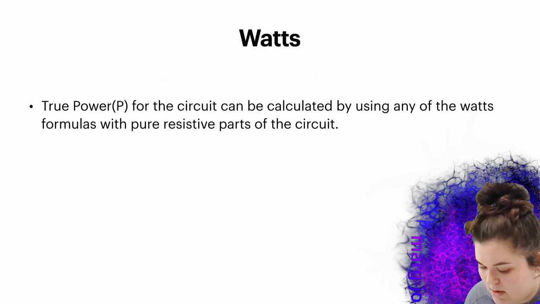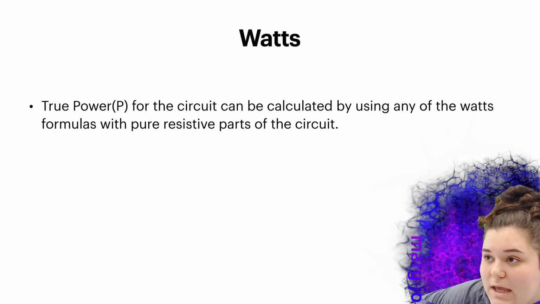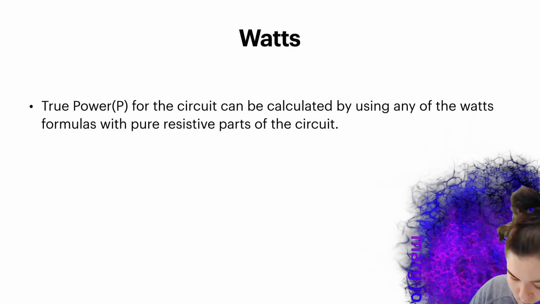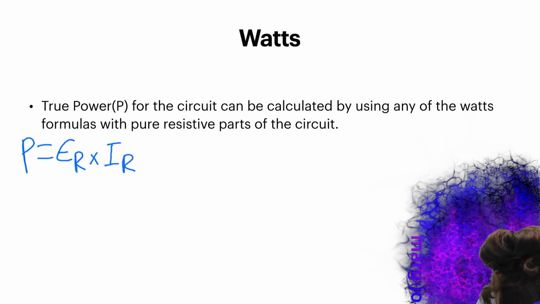Watts. So true power, which is represented by P for the circuit, can be calculated by using any of the watts formulas for pure resistive parts of the circuit. So those formulas are going to be looking like what we already know, which would be volts times current of that resistor.